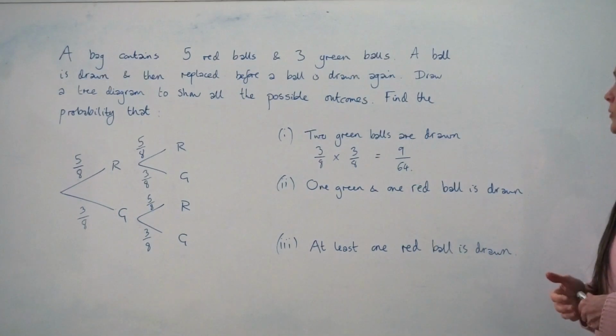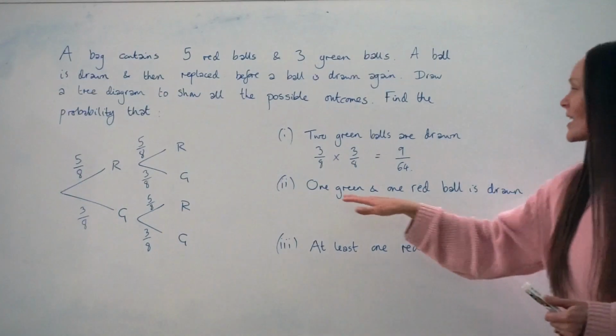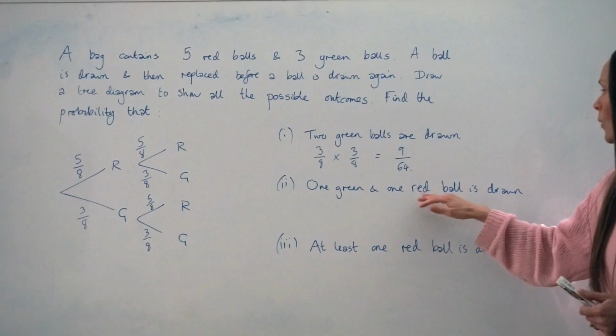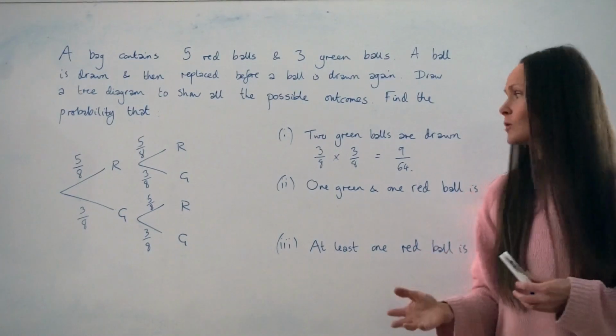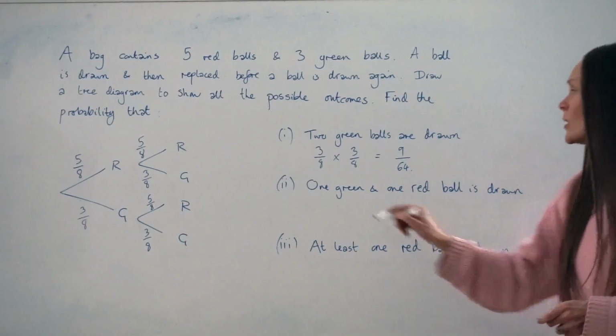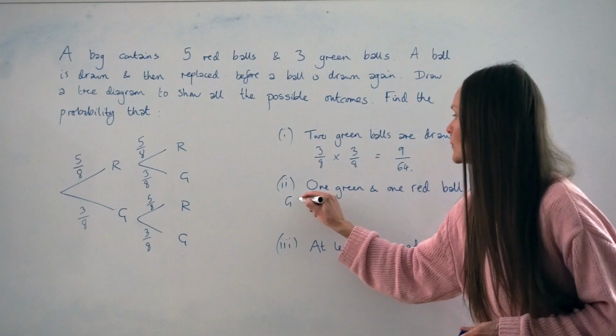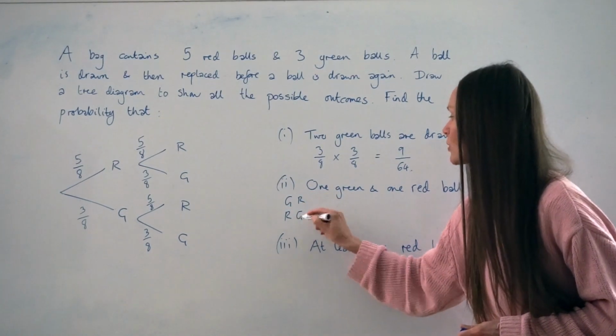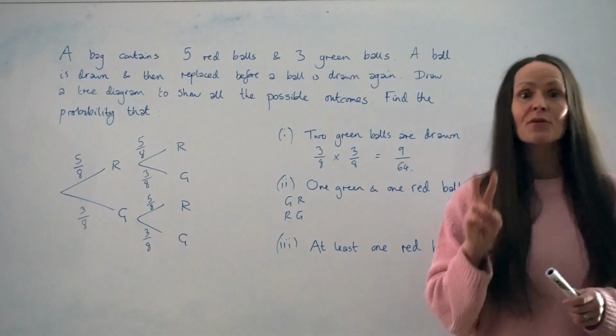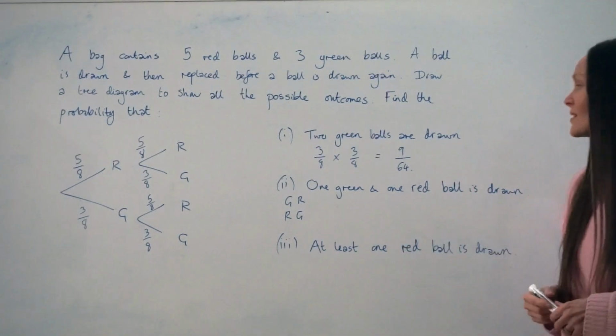Now on part 2, we have to find the probability that 1 green and 1 red ball is drawn, and it doesn't specify which order they're taken in, okay? So it could be a green ball followed by a red ball or a red ball followed by a green ball. So we have 2 different scenarios that we have to consider this time.